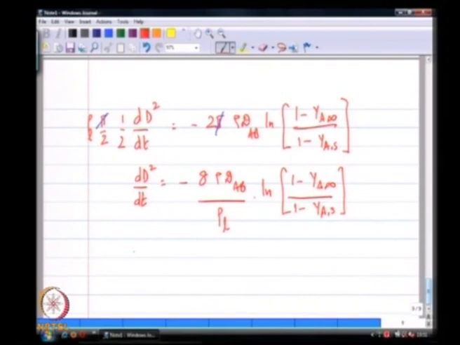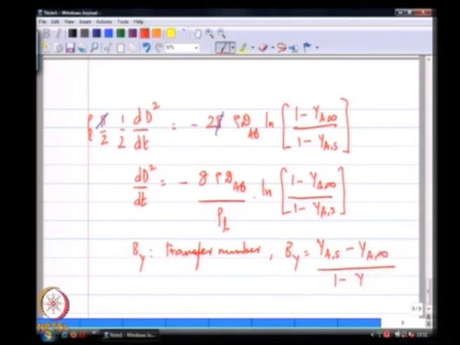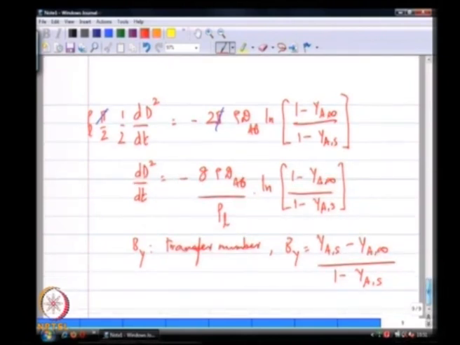It is customary to define a term called B, or the transfer number, given by B equals Y_A infinity minus Y_A s over 1 minus Y_A s, and now I can show that all this part inside my yellow oval is constant in time.